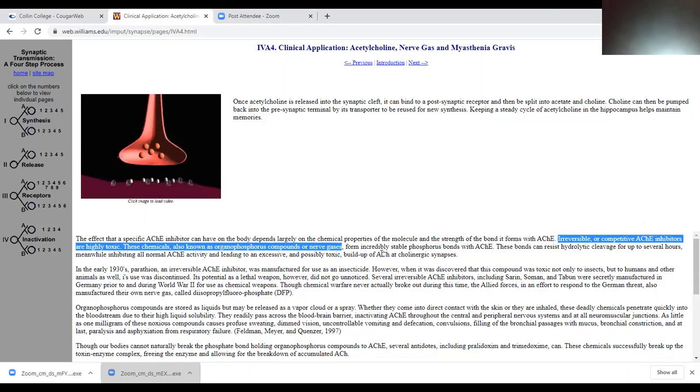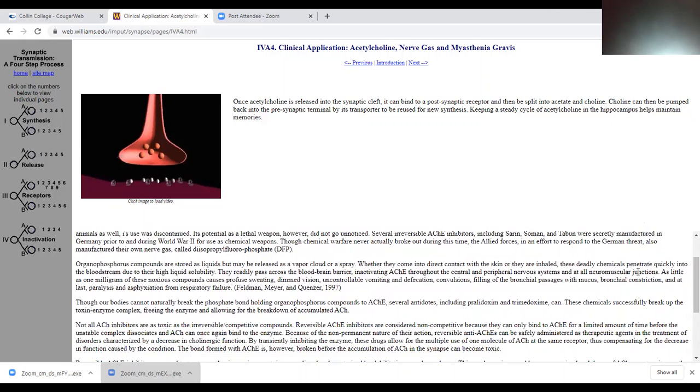So what that means for you is, you can see down here, as little as 1 milligram of these compounds will cause profuse sweating, dimmed vision, uncontrollable vomiting and defecation, convulsions, filling of the bronchial passages with mucus, bronchial constriction, and at last paralysis, and you will die from choking and not being able to breathe.